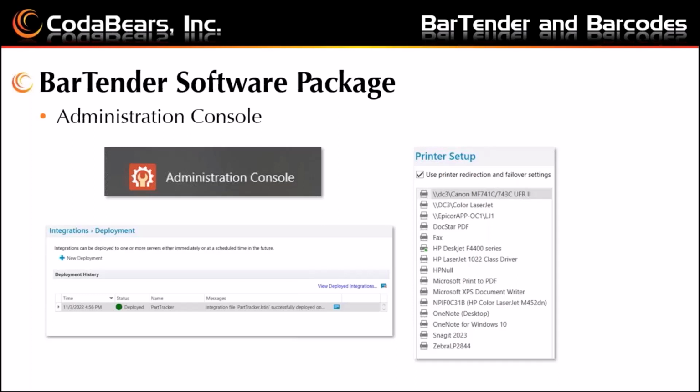BarTender pretty much loads in whatever printers you have available on whichever machine you have it installed, and you can set which ones you want to use and which ones are the default, etc. And here is the section in the admin console that shows what's deployed currently, and you can go ahead and start and stop any deployments once they're in the admin console as you would like.